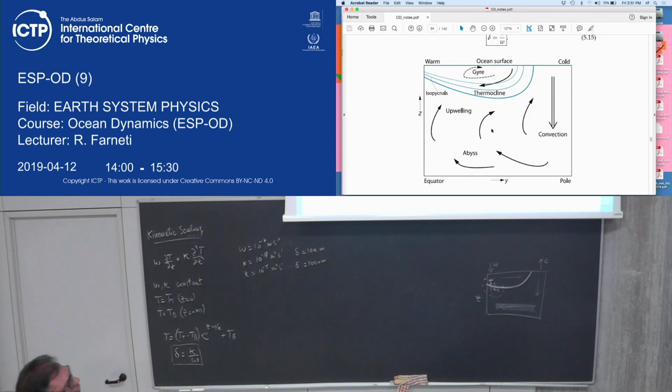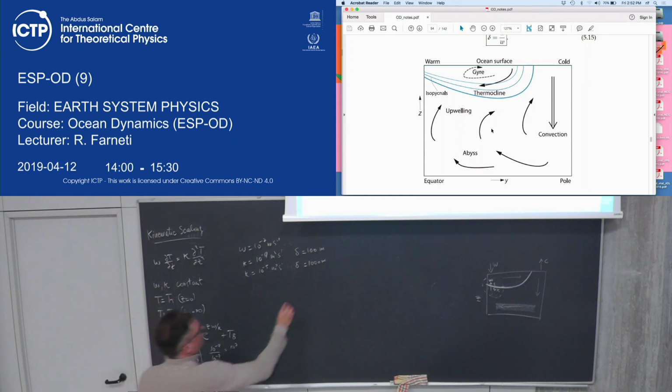So 100 meters is definitely too thin. With 10 to the minus 4 and 10 to the minus 7, this is 10 to the 3.